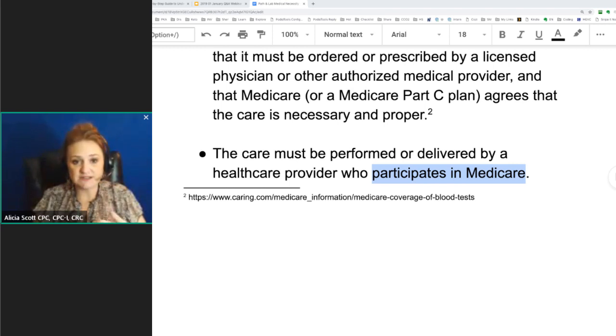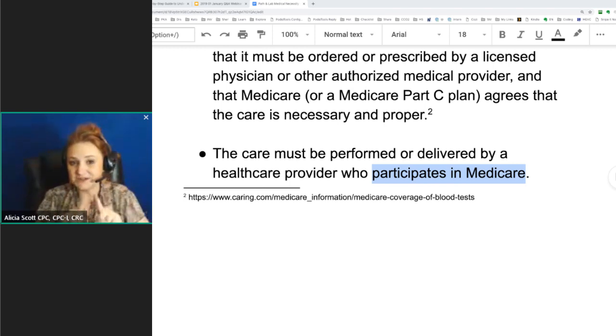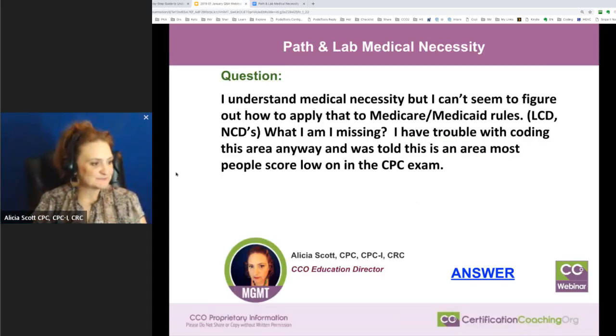The provider that's wanting to do it isn't a Medicare provider, and the diagnosis is not associated with the lab test that's being run. So there's a disconnect somewhere in there, and that lab test not being associated with the diagnosis, I would say, is the number one reason that people struggle with it. And that's it. Good stuff. All right. Thank you.